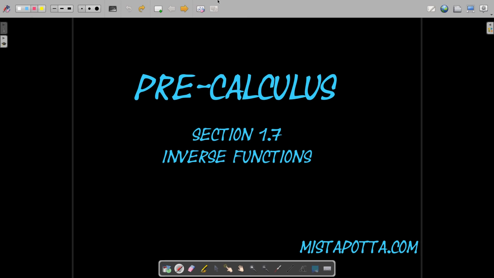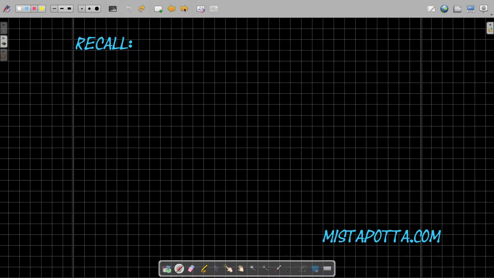So I want to actually start by talking about what we know about regular functions. Keep in mind that f of x is a function that transitions values from the domain to the range.